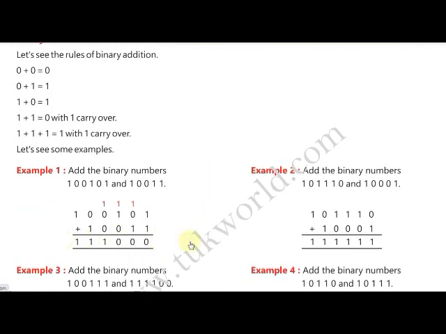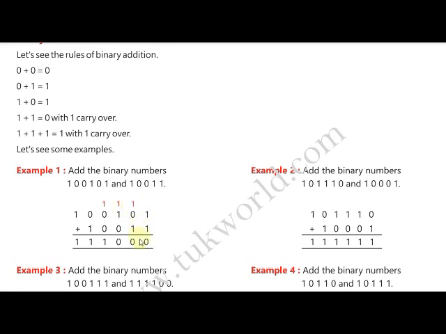Now we start to calculate from the right side. Then 1 plus 1, if it is the addition of true values, that means from both sides values are true, then what will be the result? That is 0. And here we have to carry over 1 to the next digit.